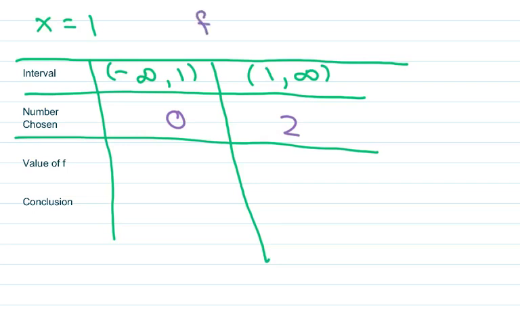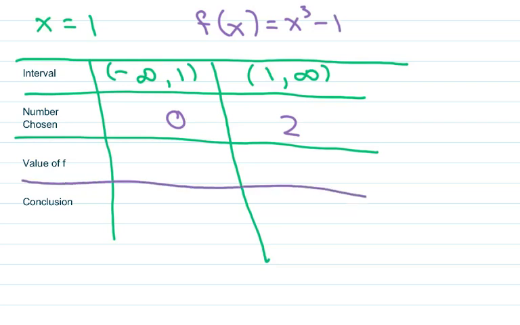And again, our function is x cubed minus 1. So when I plug that in, I get -1 and 7. We want this to be positive. So the only positive I have is this one. It's a positive number.